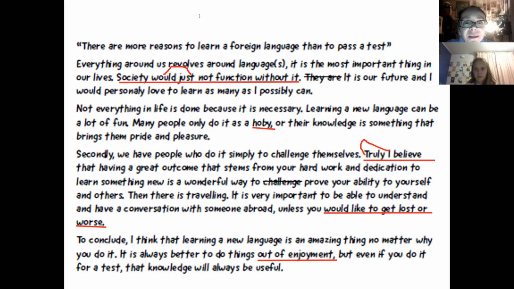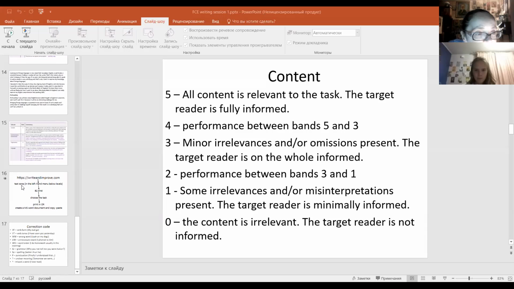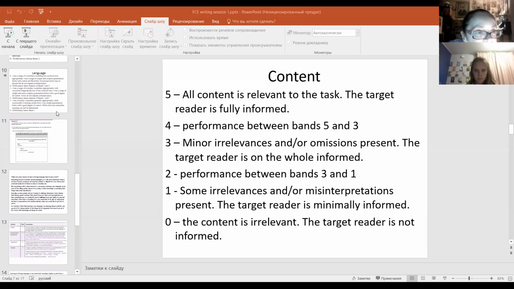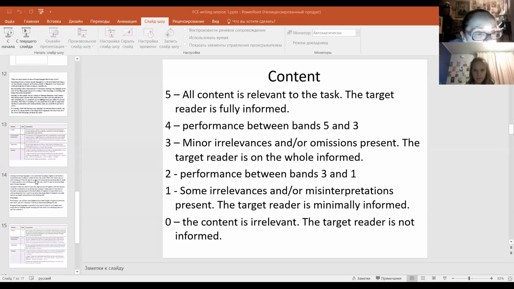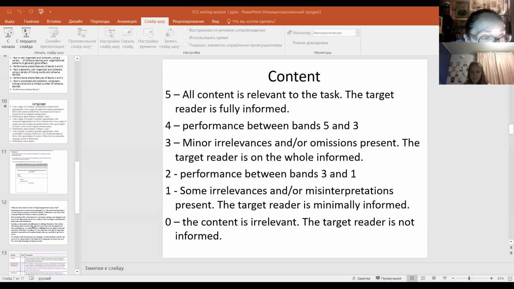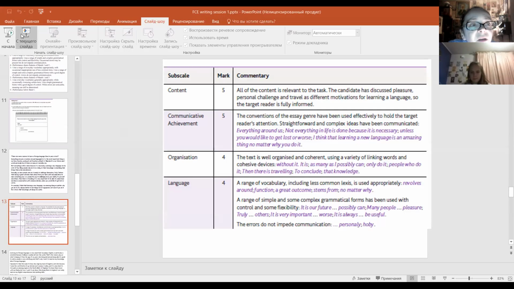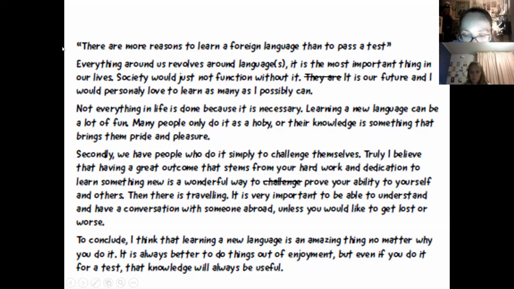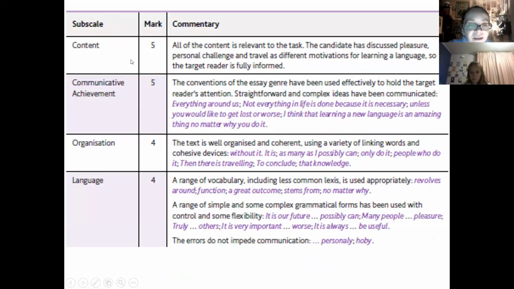And now let's have a look at how close we were to what the examiner thinks of this essay. So look, content.